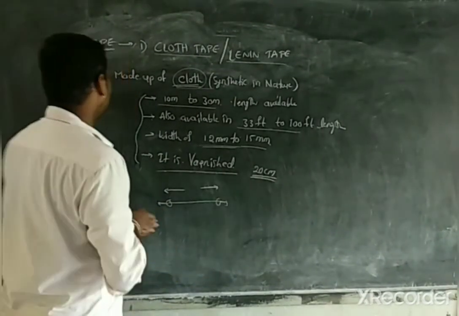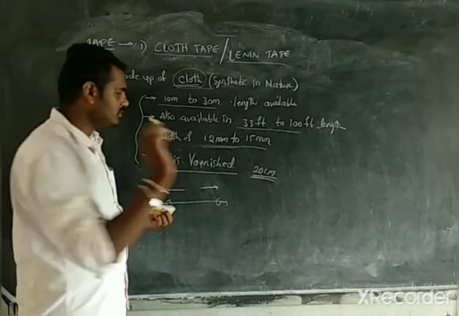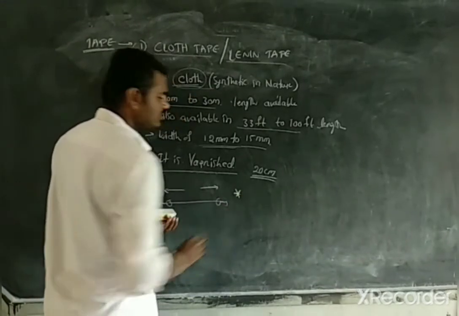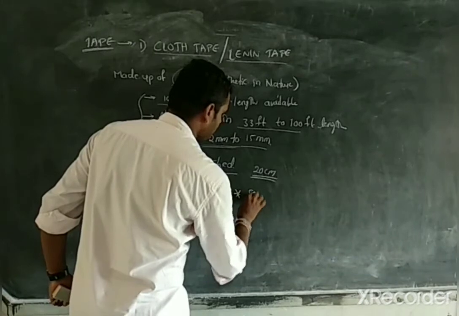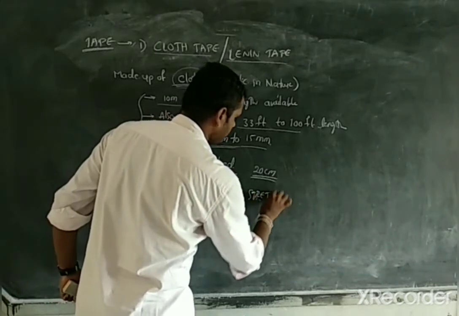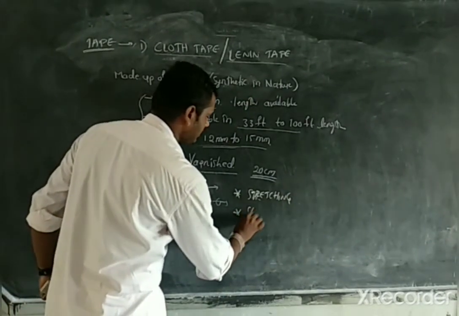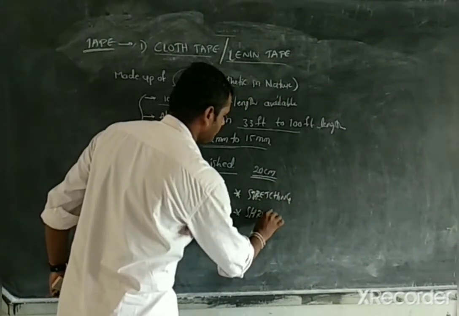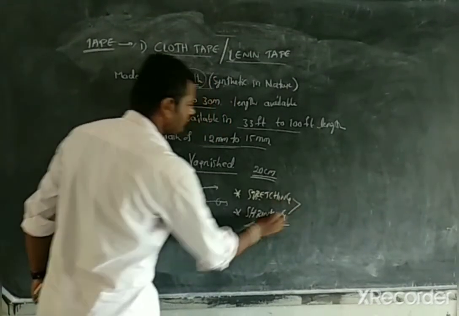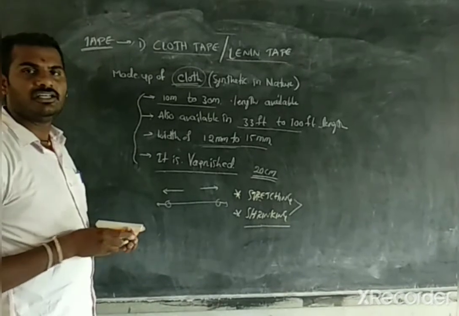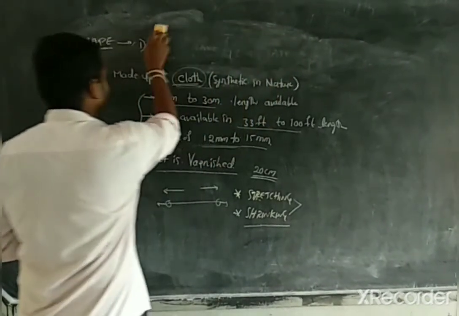Next, as we have discussed two disadvantages here, the first disadvantage is stretching and the second one is shrinking, or shrinkage. To avoid these two, we need to go for some advanced tape, and that is nothing but the metallic tape.